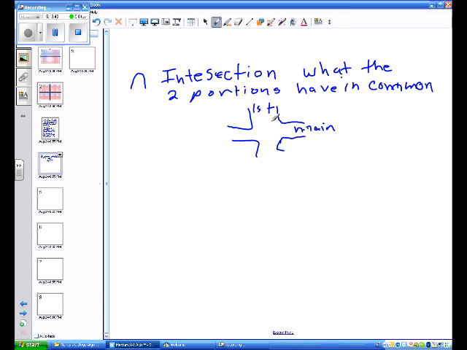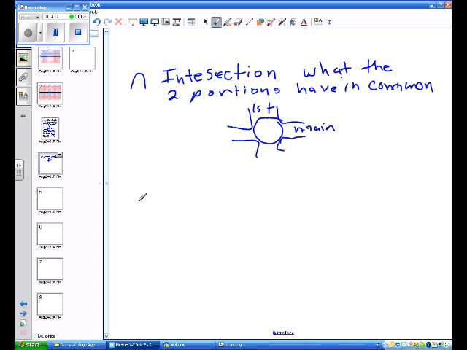Well, everything that's on this street is on First Street. Everything that's on this street is on Main Street. But this portion right here in the middle, which we call the intersection, is on both streets. That's the part that they have in common.